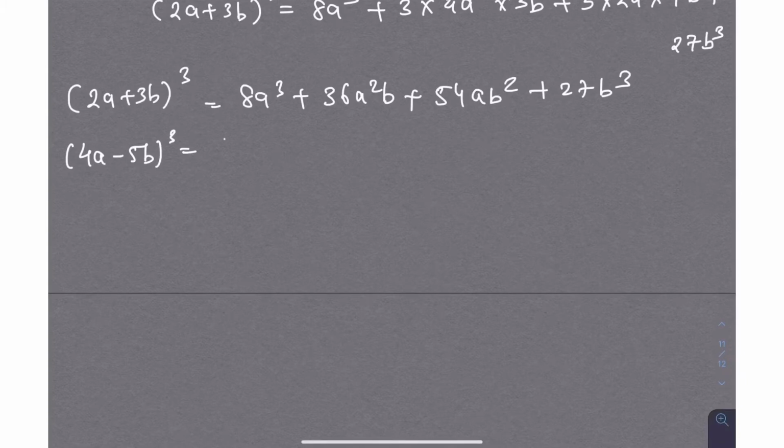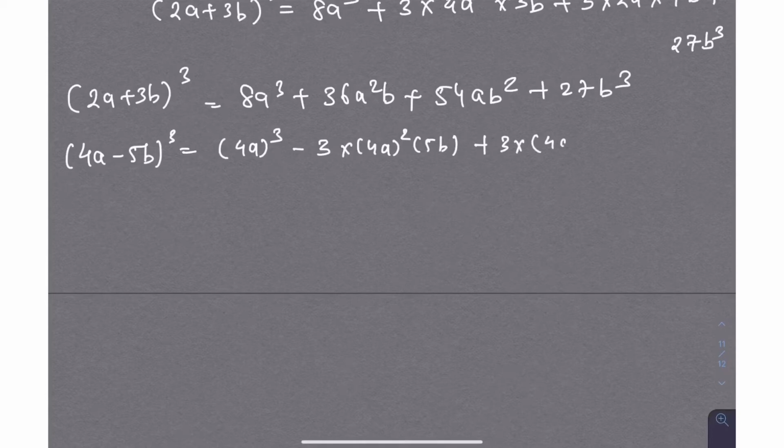So first term a cube minus 3 a square b plus 3 a b square minus b cube. Again the same thing, we have already put the minus sign, so when you put the second term, minus 5b in this case, just put 5b because we have already taken care of the negative sign.